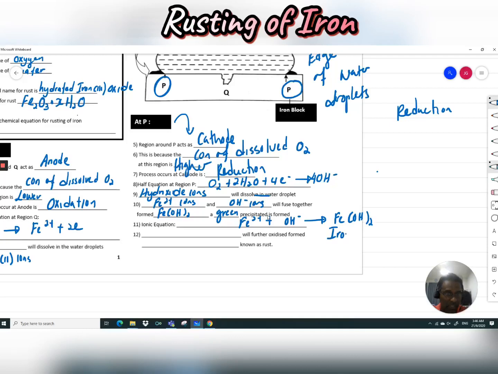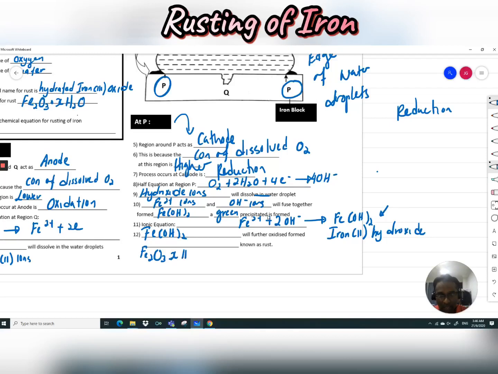The name of this green precipitate is iron 2 hydroxide. We need to balance the equation. Here got 2, so here got 2. I put 2 here.